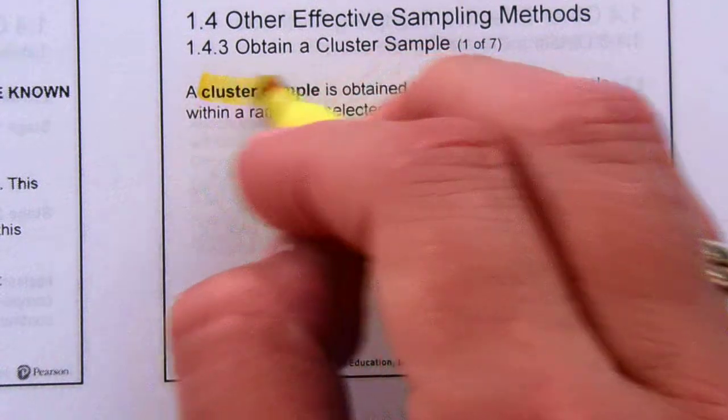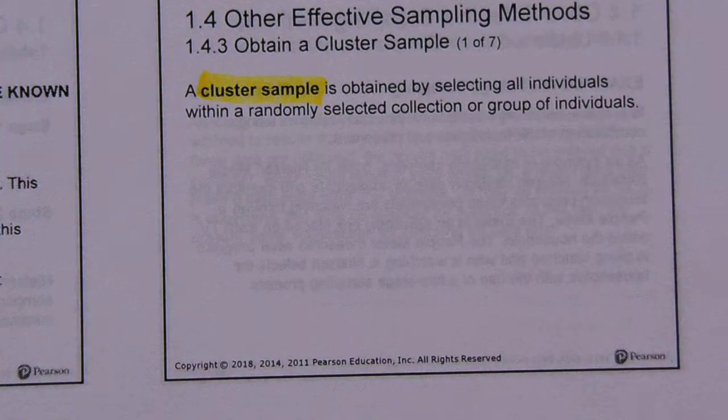Okay, so a cluster sample is obtained by selecting all individuals within a randomly selected collection of groups. An example of clusters: clusters are groups that are already intact in some way. In education, a lot of times that would be schools or classes.